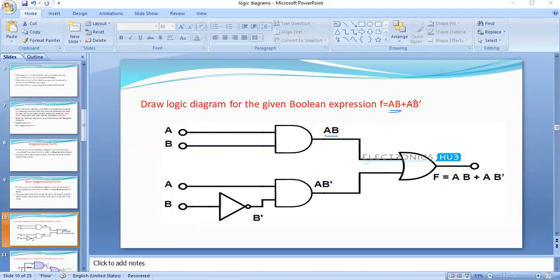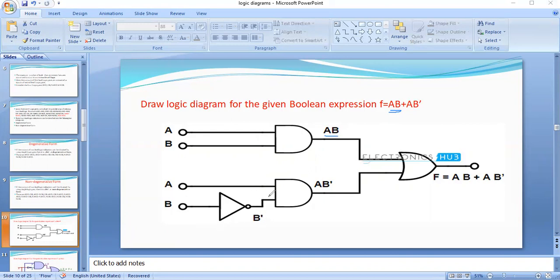One input is A and another input is B bar, so we have to give B as input to the NOT gate, also called an inverter.